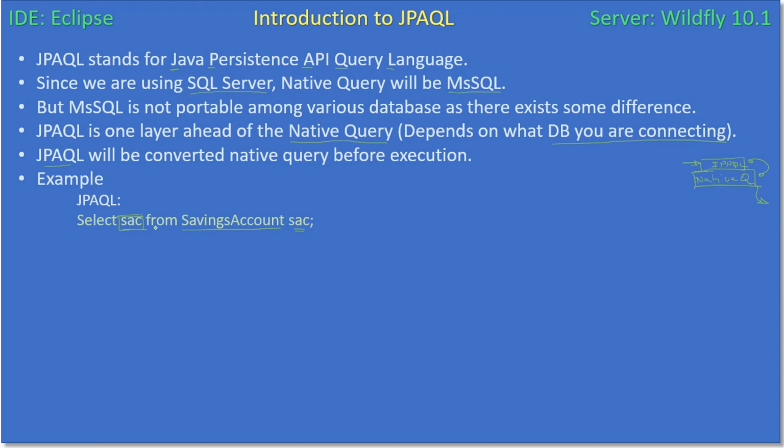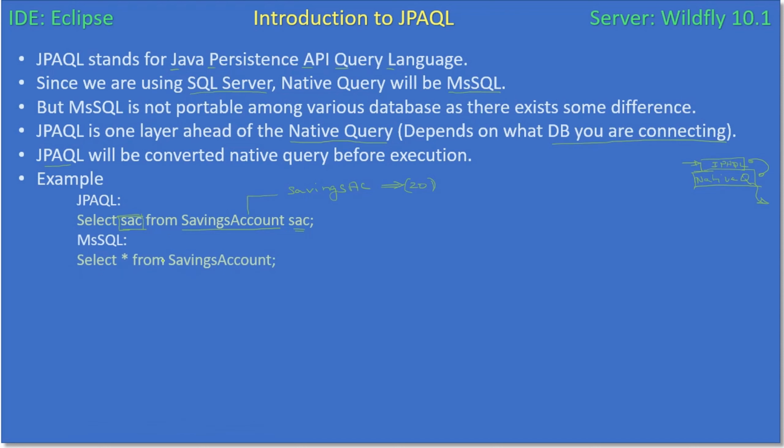Select savings account entity from SavingsAccount. For now, let's assume this entity is linked to a database table, let's say SavingsAC. If we assume the table contains 20 records, this is the JPA-QL, right?